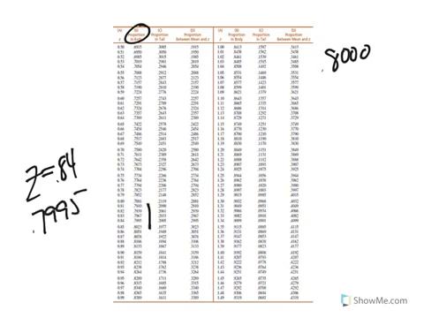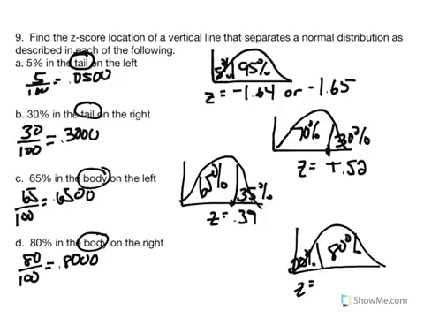Again, that's the closest value to the value that we were looking for. So again, our z-score would be 0.84.